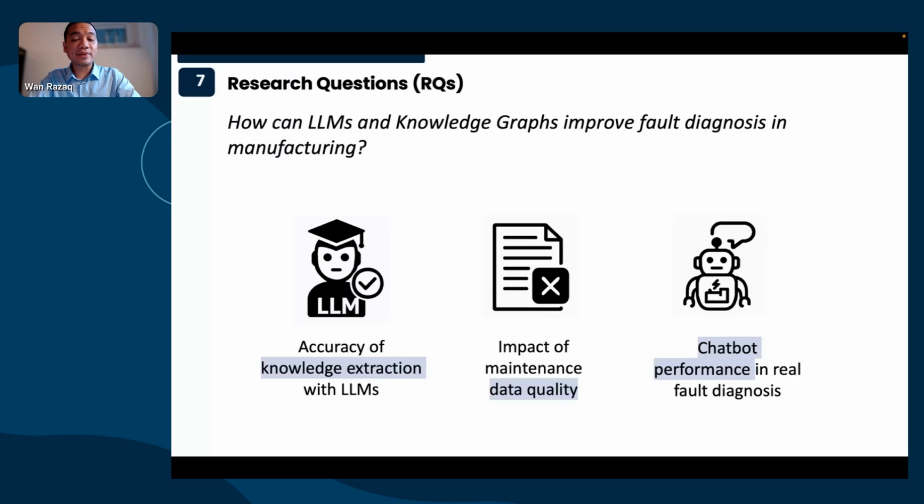And then what would be the impact of maintenance data quality? Because maintenance data, especially when it is highly scattered, the quality is also low. And what would be the impact of that quality? And also the performance of the final prototype, which is a chatbot, in real fault diagnosis. So that would be the research questions.